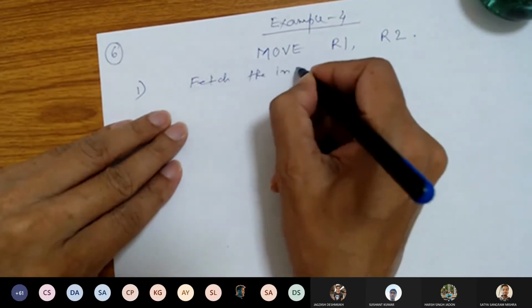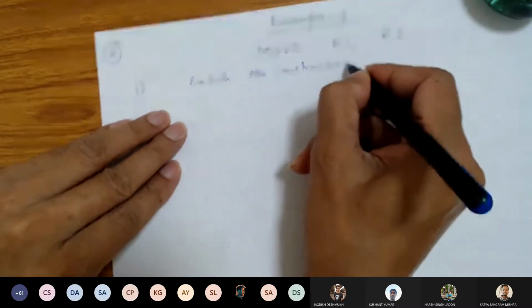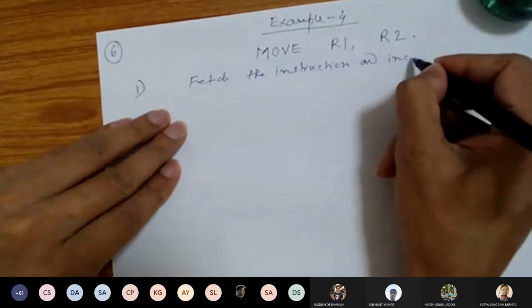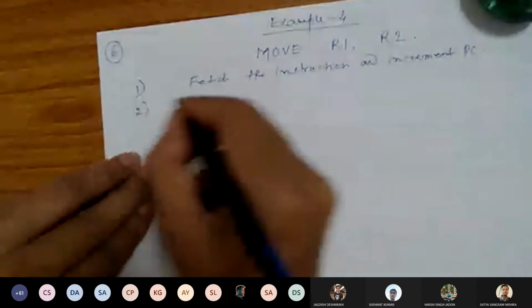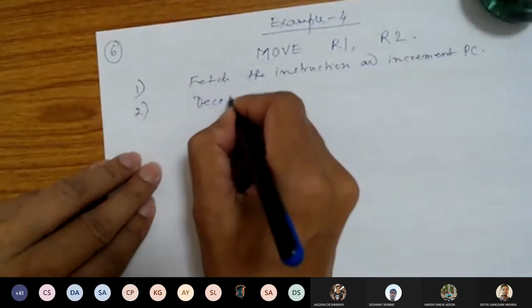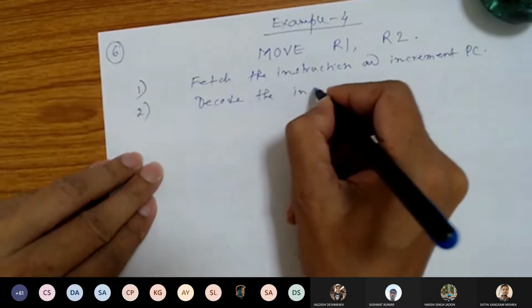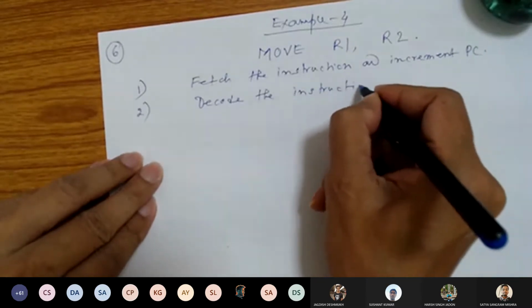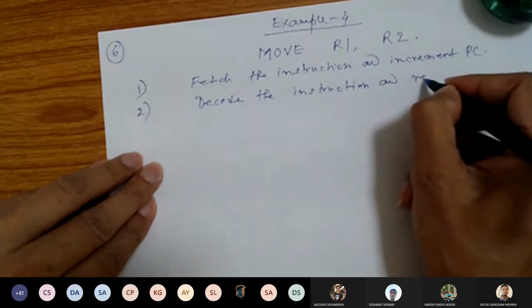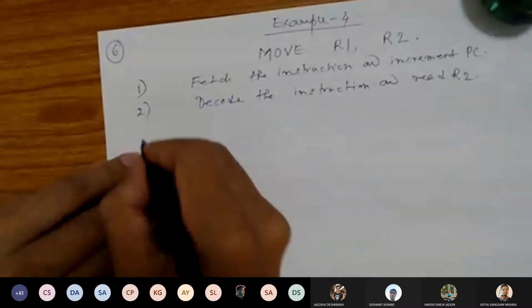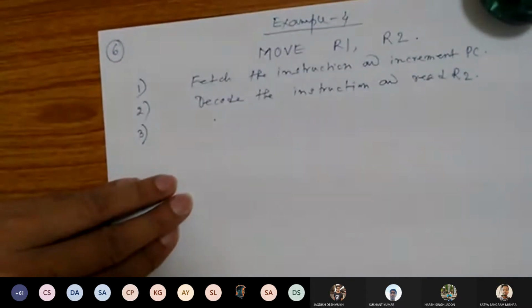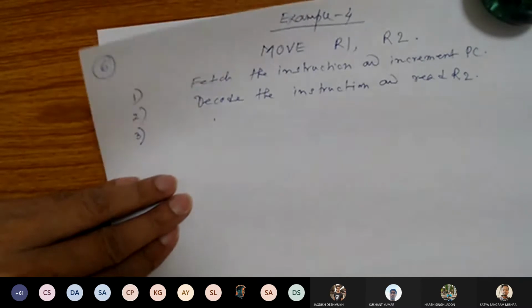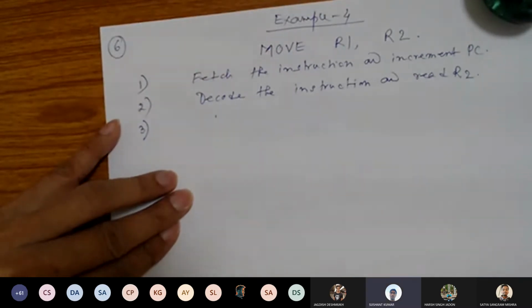Fetch the instruction and increment PC. Decode the instruction and read R2. Third stage. What will be the third stage here? Not required.